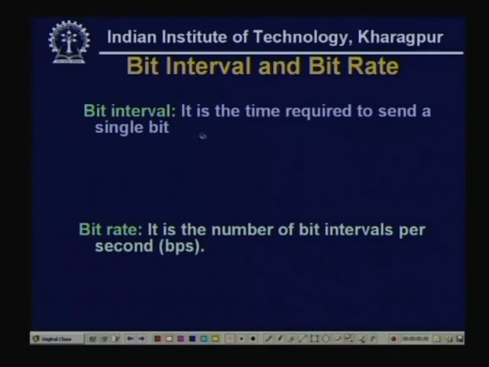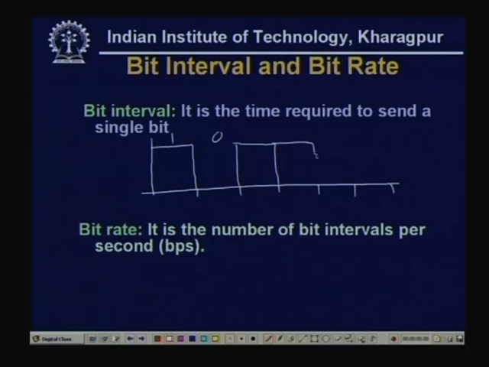For example, bit interval is the time required to send a single bit. For example, this is a digital signal, say this is 1. These are the intervals, say 1 0 and then it can be 1 1, and this interval is essentially the bit interval.